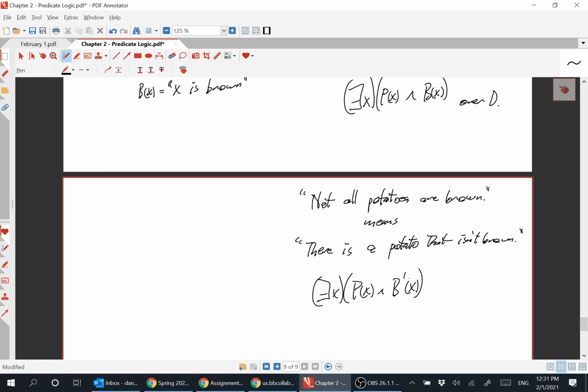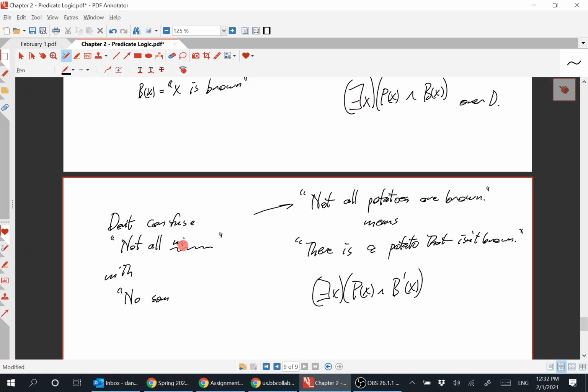By the way, this is different than no potatoes are brown. Don't confuse not all with no. Well, I shouldn't use the word some, should I?